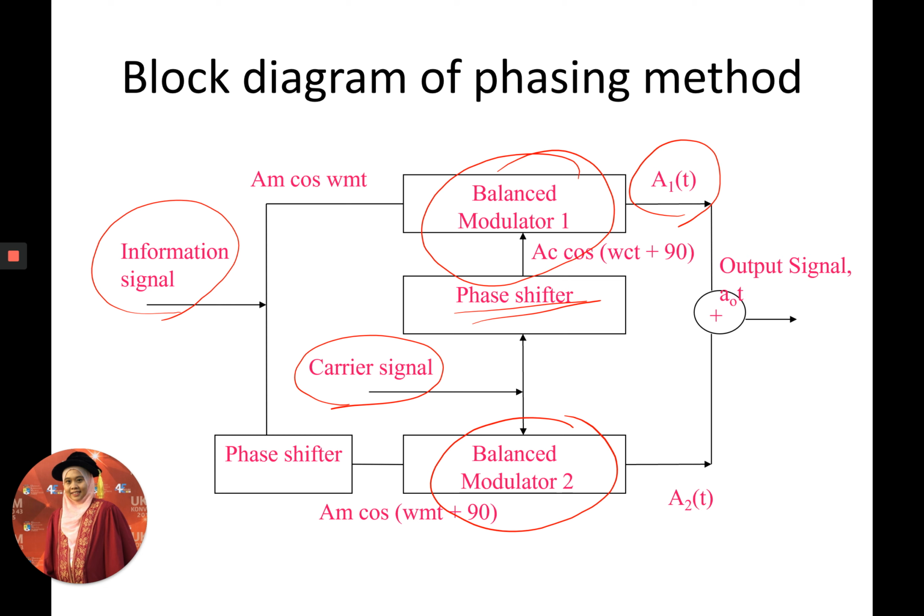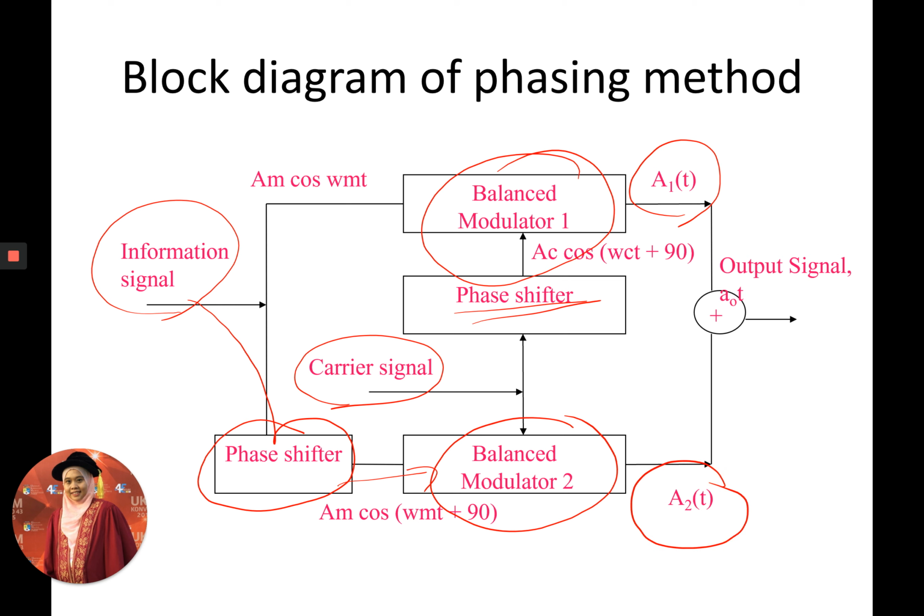Another signal: the information signal will go through a phase shifter and produce a signal that will be injected into balance modulator 2, and it will modulate with the carrier signal that hasn't been phase shifted and come out as signal A2.